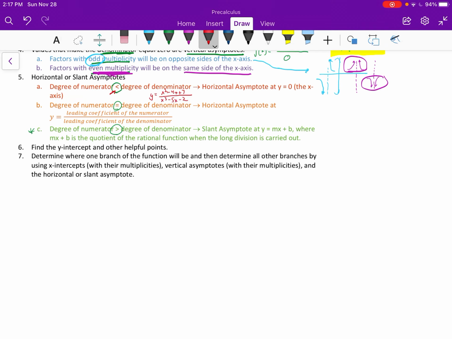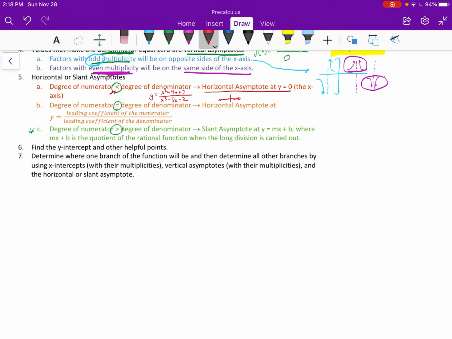I'm just making up some arbitrary polynomials here, but that fits that situation, which means we would have a horizontal asymptote at y equals 0. So if we had, there's my graph, we would have a horizontal asymptote right on the x-axis.